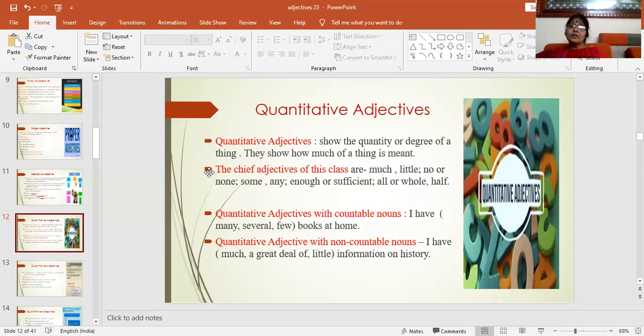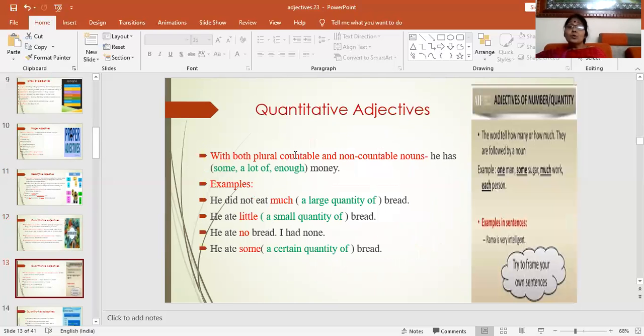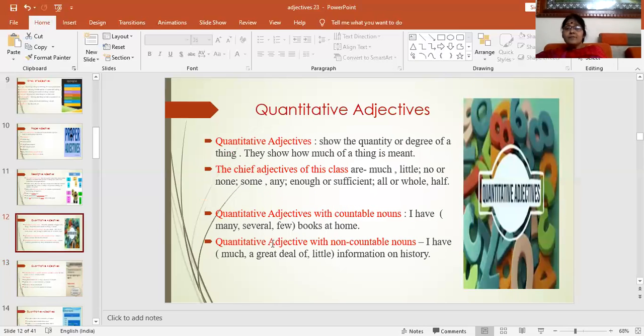Sometimes we can use quantitative adjectives with both plural countable and non-countable nouns. Like he has some money. Some I can use, I have some books, right? Some money, a lot of money, enough money. So quantitative adjectives we can use for countable nouns, for non-countable nouns, or for both.